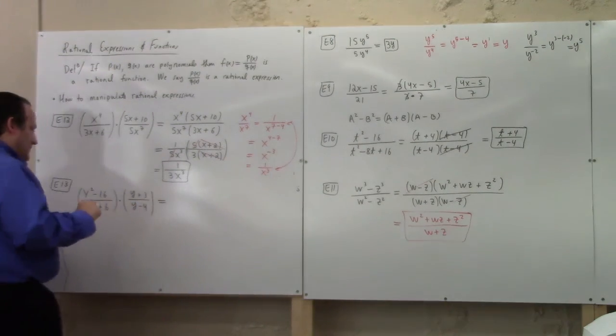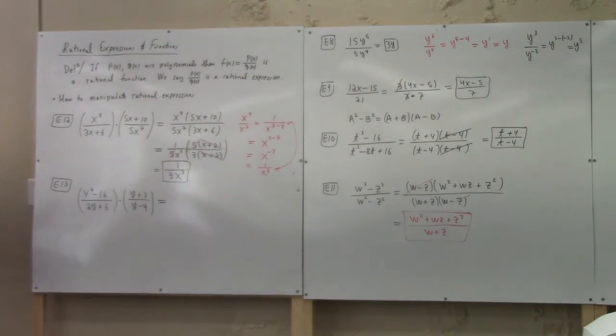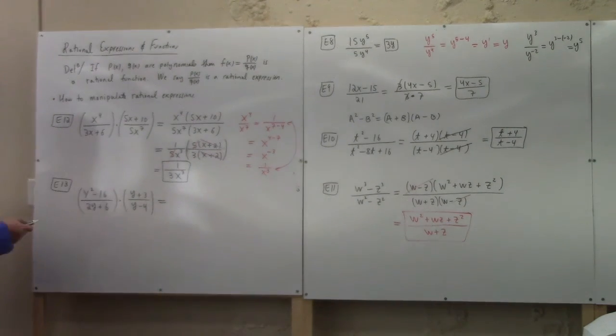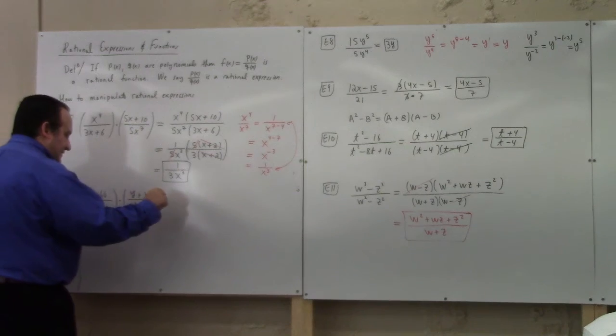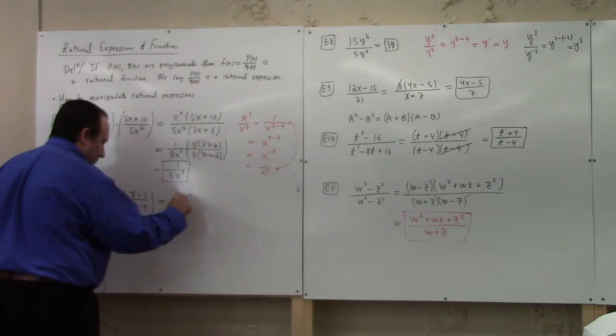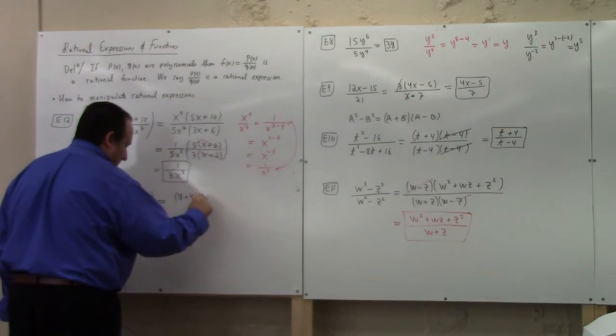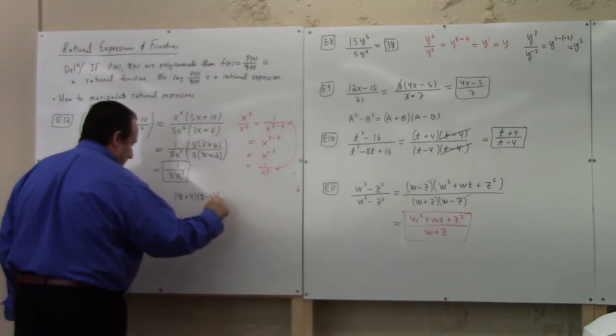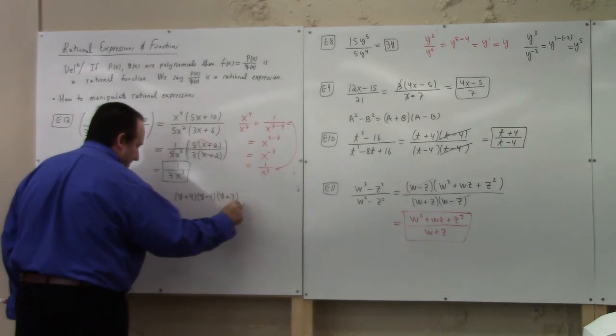So again, I really think simplify then multiply is the right instructions. So the y squared minus 16 factors into y plus 4 times y minus 4. You still got your y plus 3 up there, right?